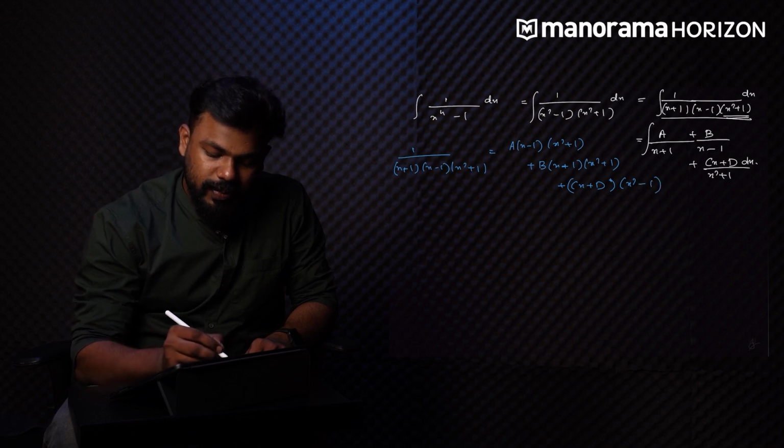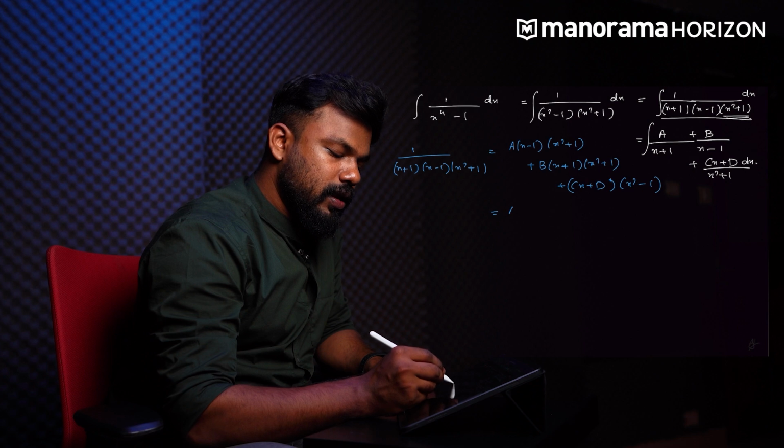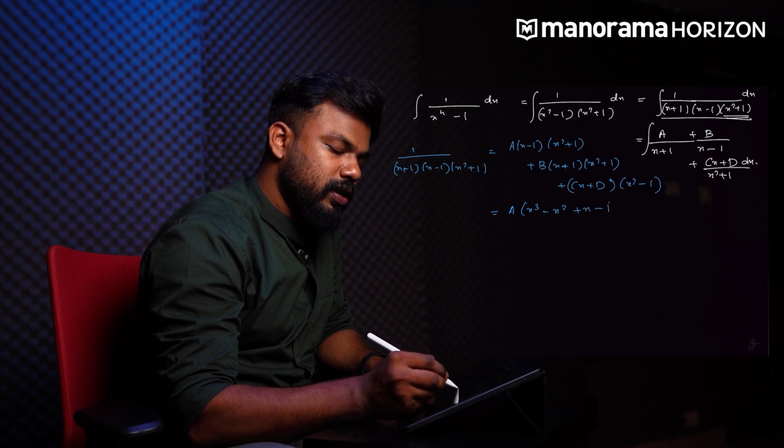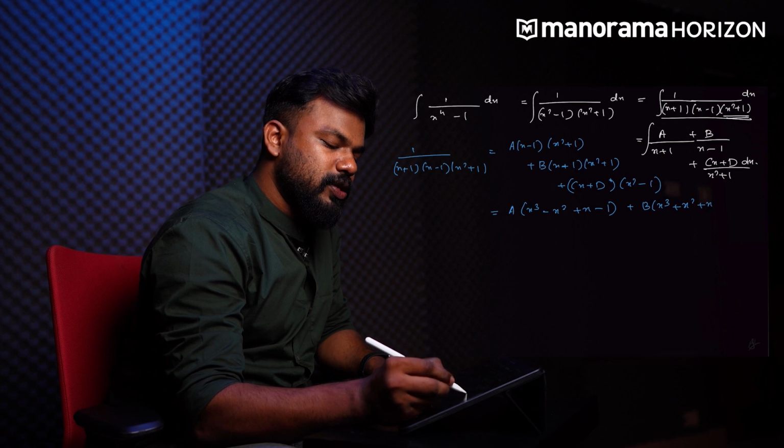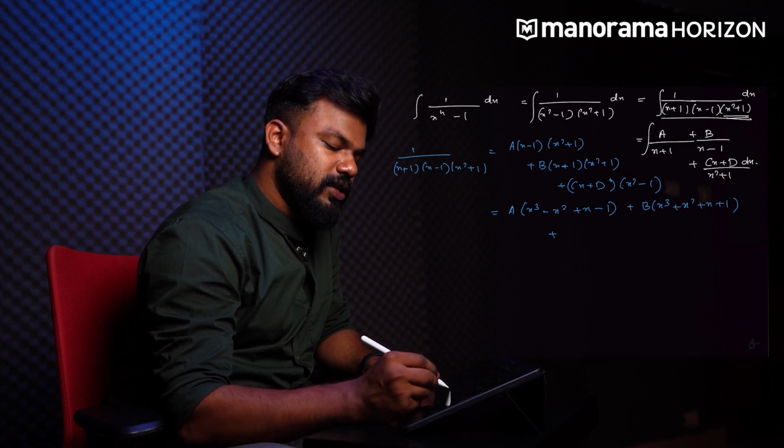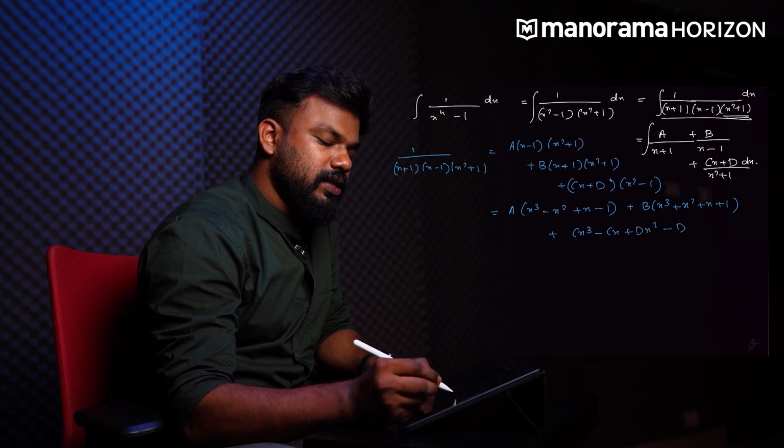Now if I multiply all this, I will be getting a into x cube minus x square plus x minus 1 plus b into x cube plus x square plus x plus 1 plus cx plus d, that is cx cube minus cx plus dx square minus d.